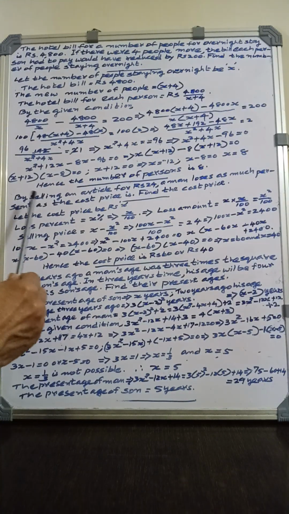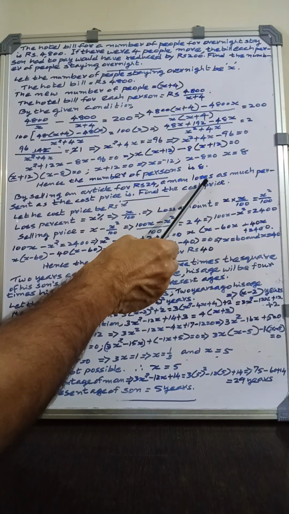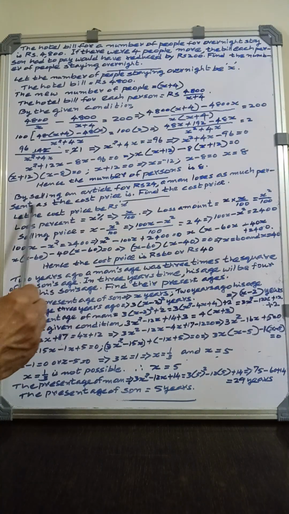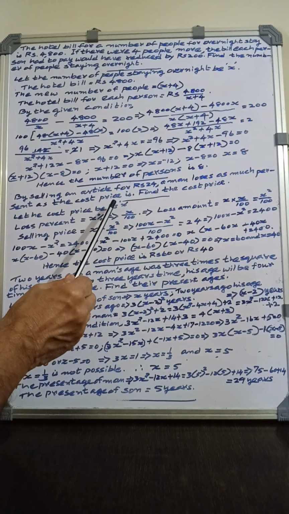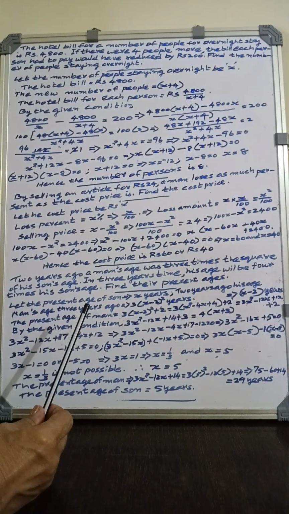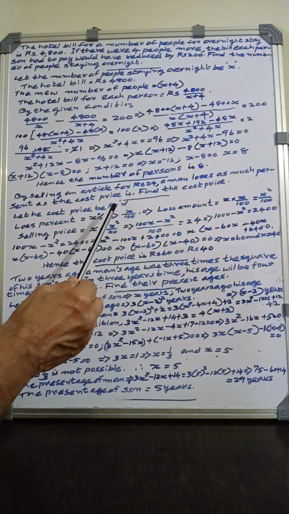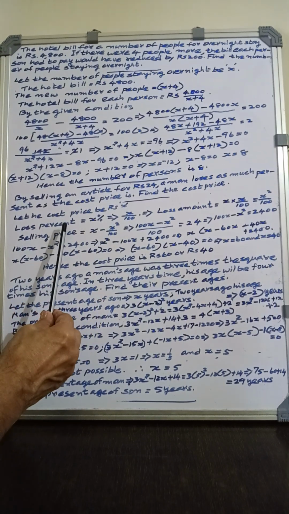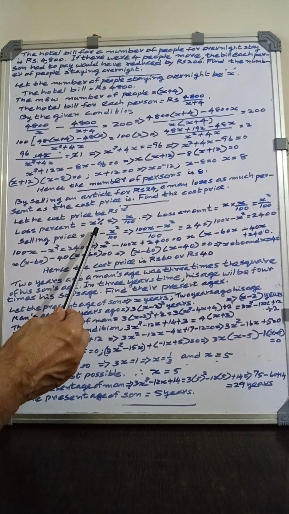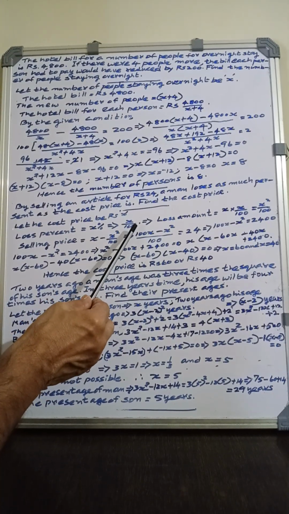Next question is, by selling an article for rupees 24, a man loses as much percent as the cost price is. Find the cost price. Let the cost price be rupees x. Loss percent equals x percentage. Therefore, that is x by 100.